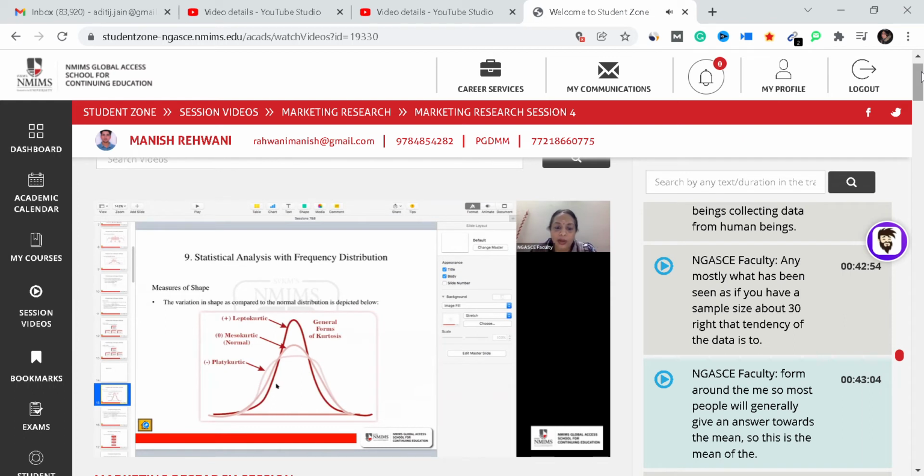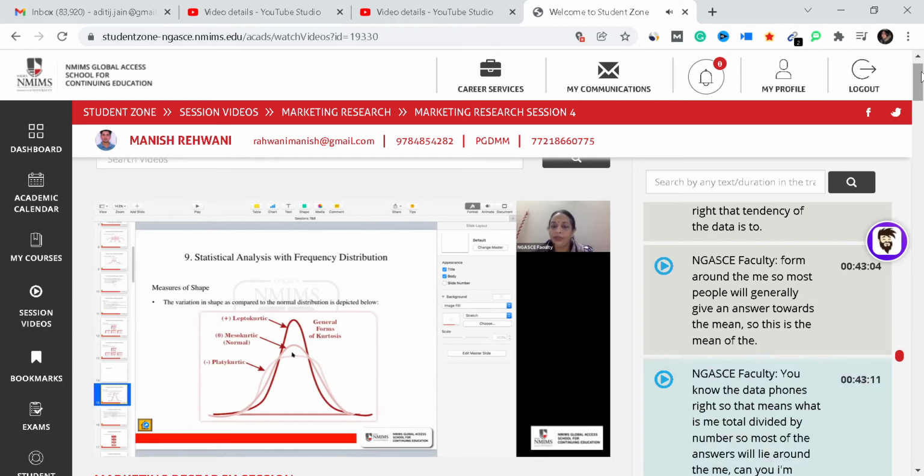So most people will generally give an answer towards the mean. So this is the mean of the data points, right? So what is mean? Total divided by number.